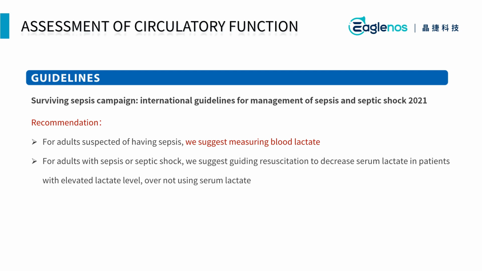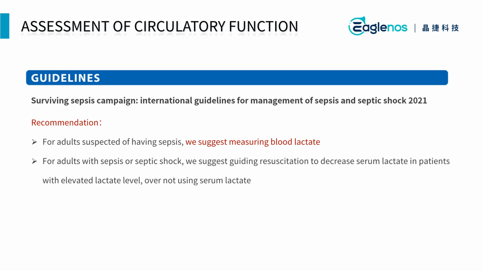In patients with sepsis or septic shock, the SSC guidelines suggest guiding resuscitation efforts by aiming to decrease serum lactate levels, particularly in patients with elevated lactate levels. This recommendation emphasizes that lactate clearance is an important indicator of the adequacy of resuscitation and tissue oxygenation.